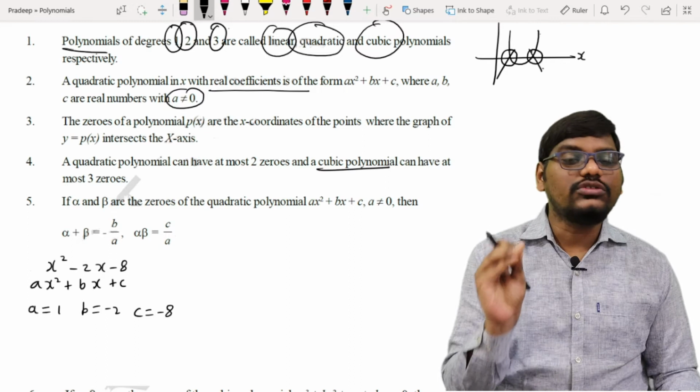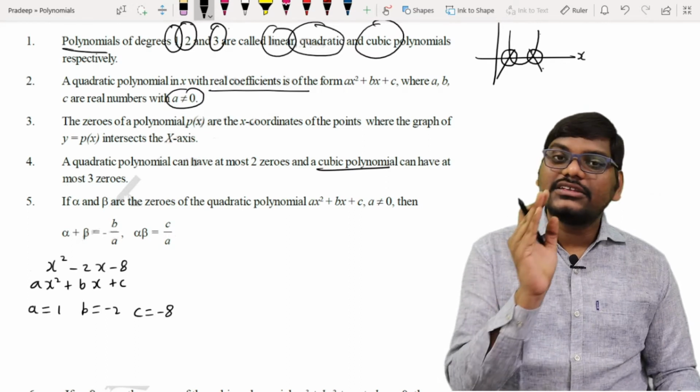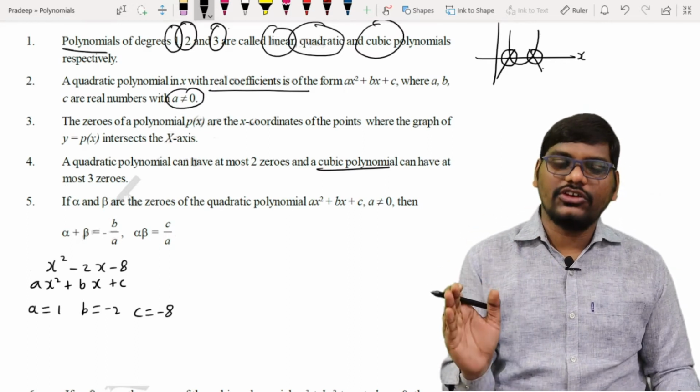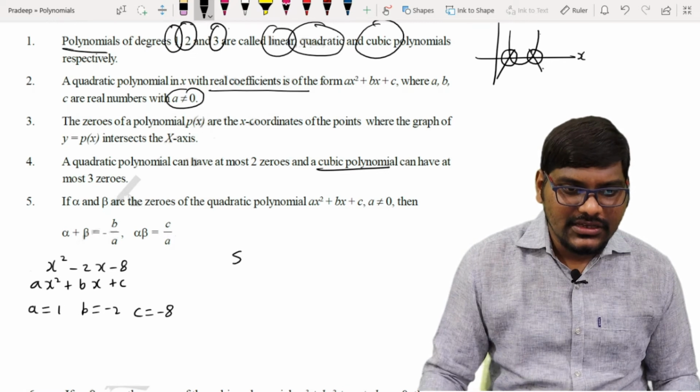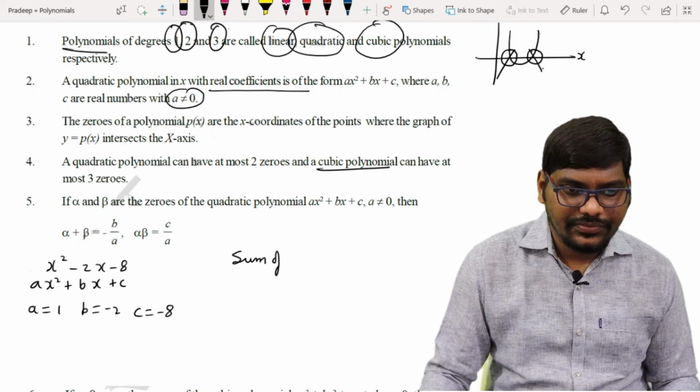Here are the two things we'll observe: the sum of zeros and the product of zeros. So now I'll write the sum of zeros.